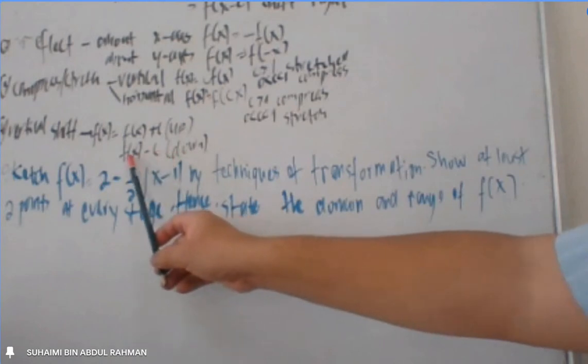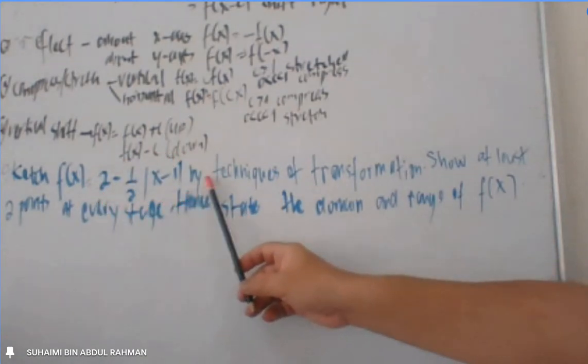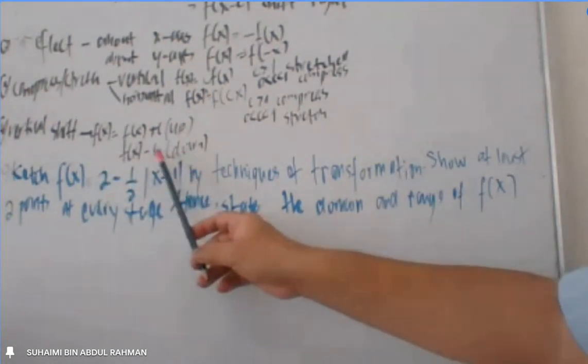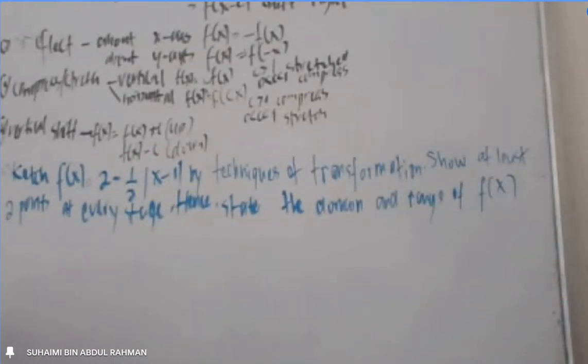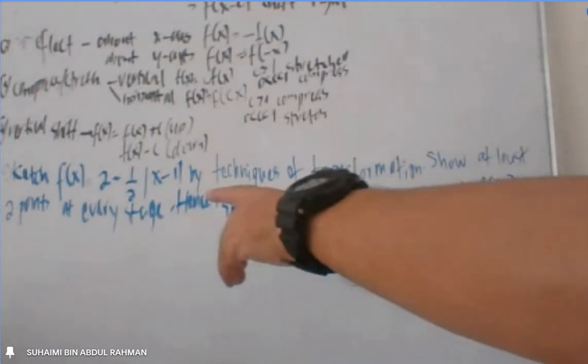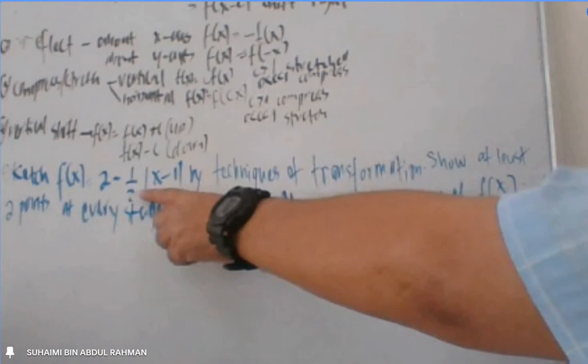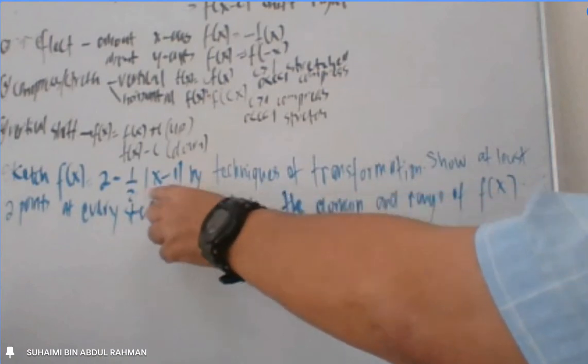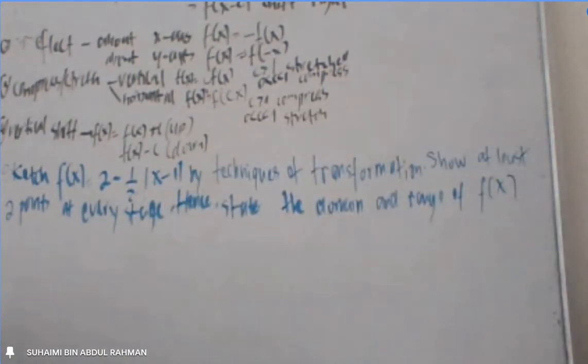When we look at this function that we want to sketch, it's clear that the function we need to start with must be the absolute value function, because we have absolute value here.